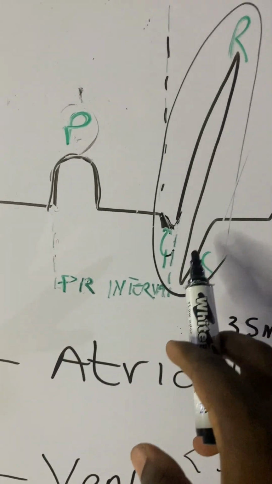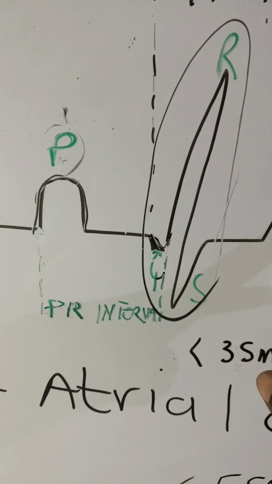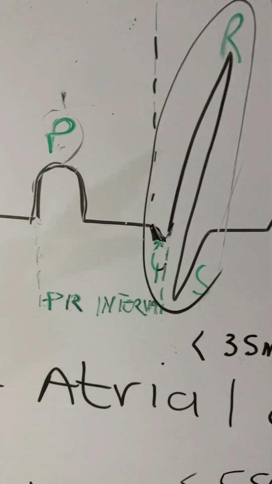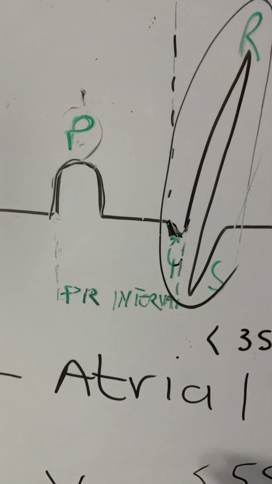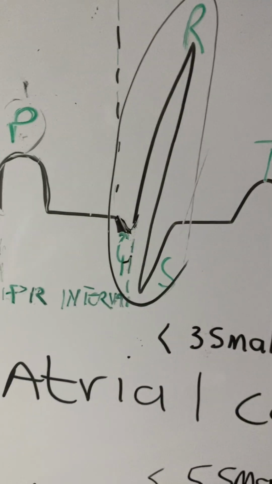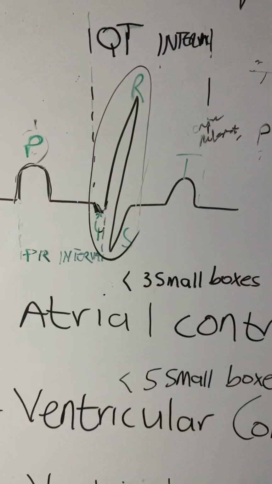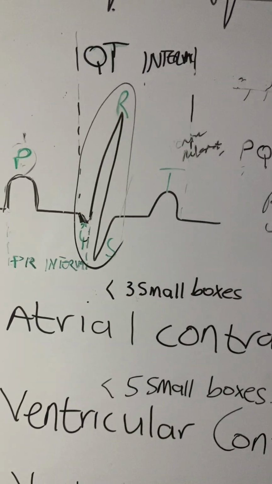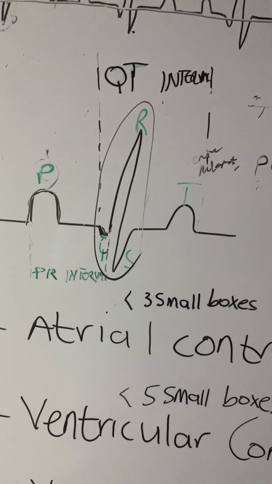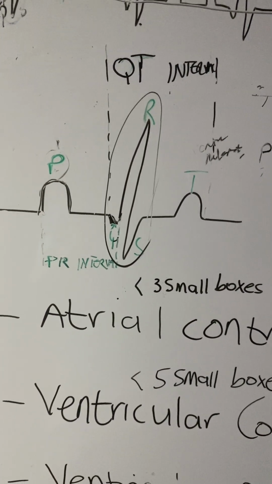And then your Q and your T, it's also an interval because there's a wave over here. So you have the PR interval and the QT interval. Remember we spoke about the QT interval being when the ventricle actually pumps and pushes blood out. So when you have a problem there, it means there's a problem with your ventricular contraction pushing blood out.